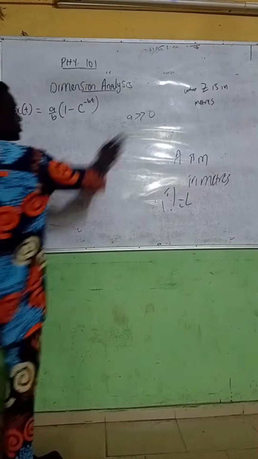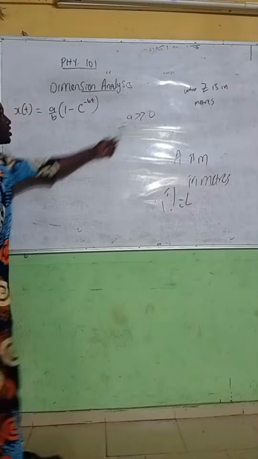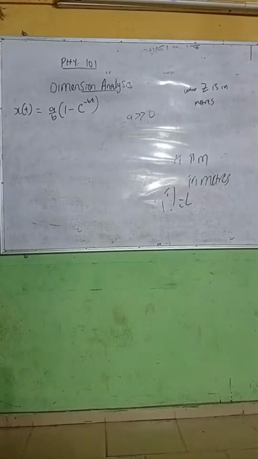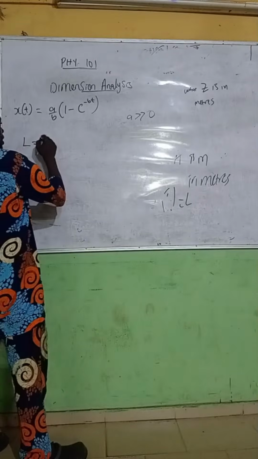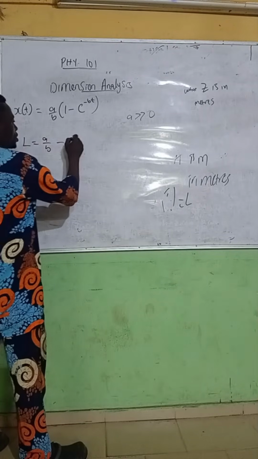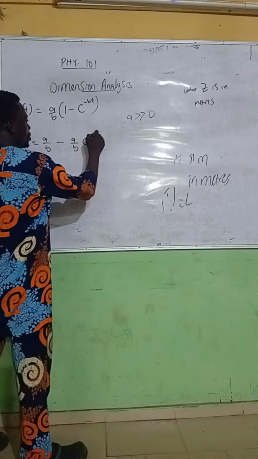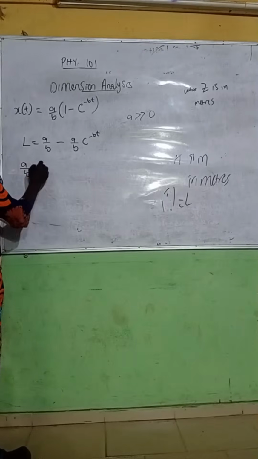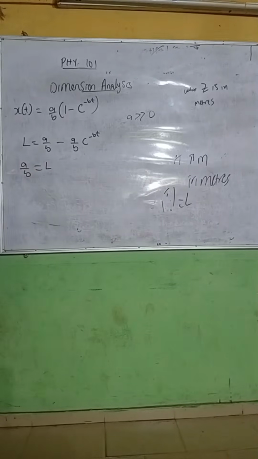Whenever I see a double sign like this, it means far greater than, or far less than. So here we have x of t, this position, means the left hand side is L. So L equals, let's open the bracket, a over b minus what? bt. a over b equals L. So let's find the dimension for a and b.